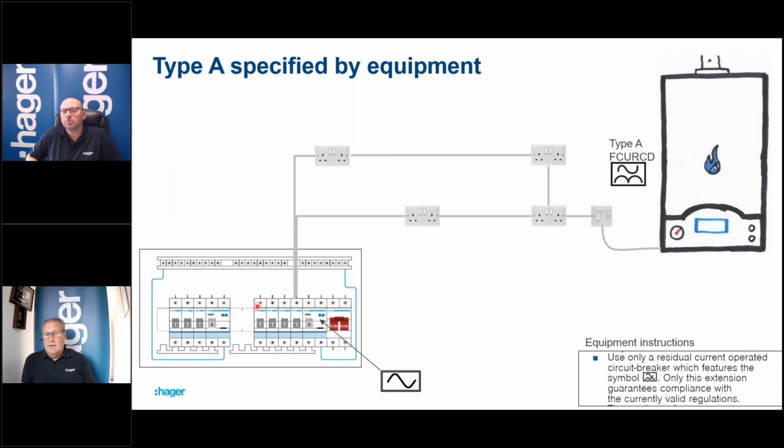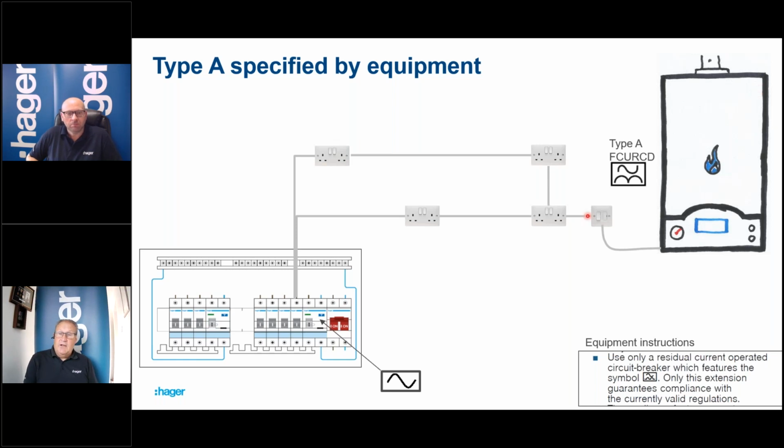Now, the problem is most people won't understand what that symbol is, but you can see that symbol represents, from a few slides ago, a type A RCD. So this is actually the instructions of this equipment. It is asking for a type A RCD. So if we were fitting something which we knew had that instruction in, we need to supply a type A RCD, not a type AC RCD.